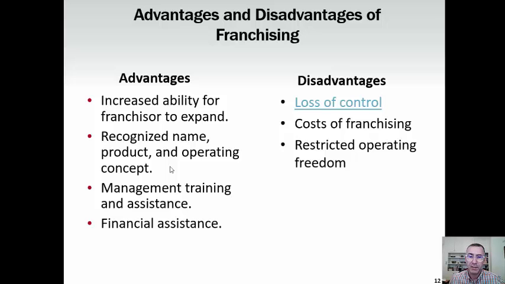That's because Ford has brand equity. The brand has a lot of value, and the banks were willing to lend Ford millions of dollars just using the brand as leverage. Management training and assistance is something else we just talked about, Hamburger U, and financial assistance from the franchisor. The franchisor has every reason for this to work, so they'll help the franchisee.